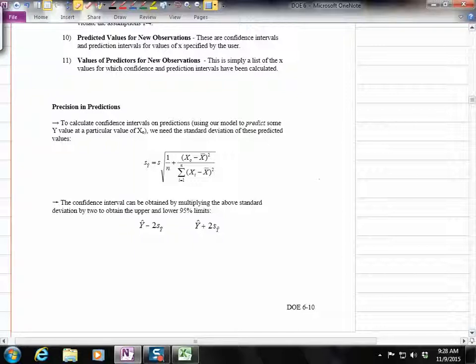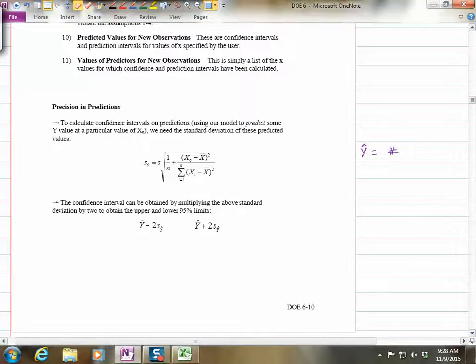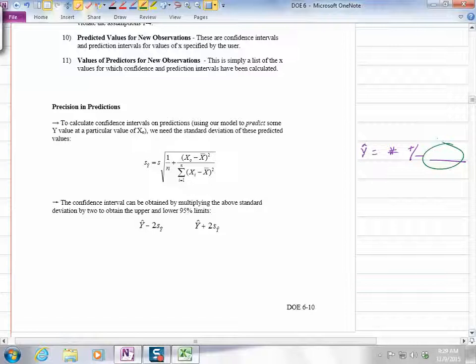You throw them in your model, and you are going to get some number out of your model. What you want to do, or what you should be doing, is saying, based on my noise, I get some number there, plus or minus some other number. Right? And that'll be a confidence interval on that model prediction.